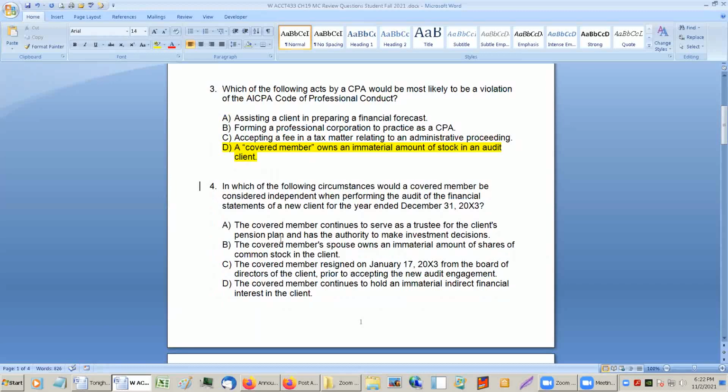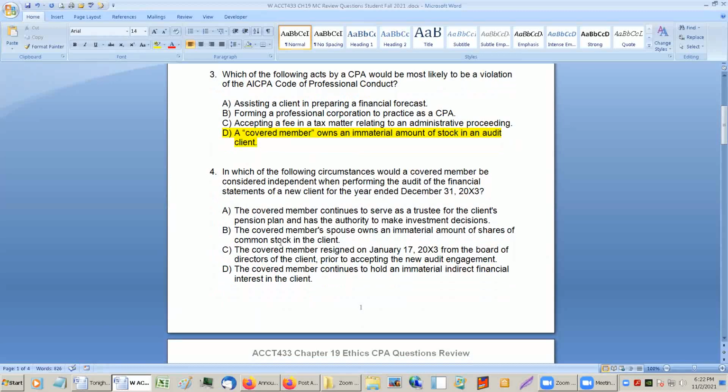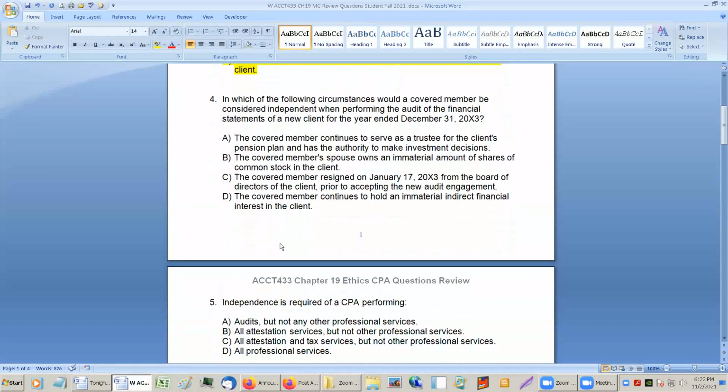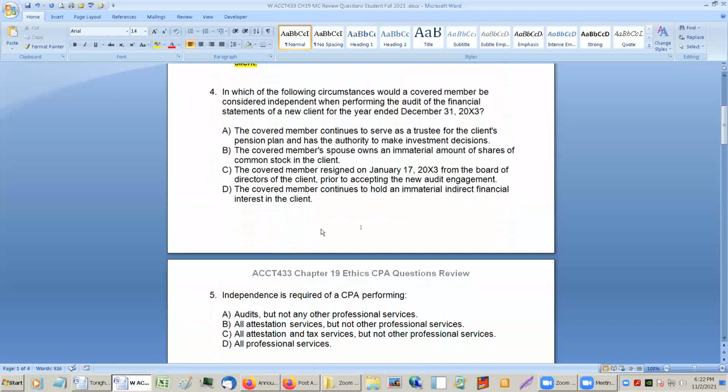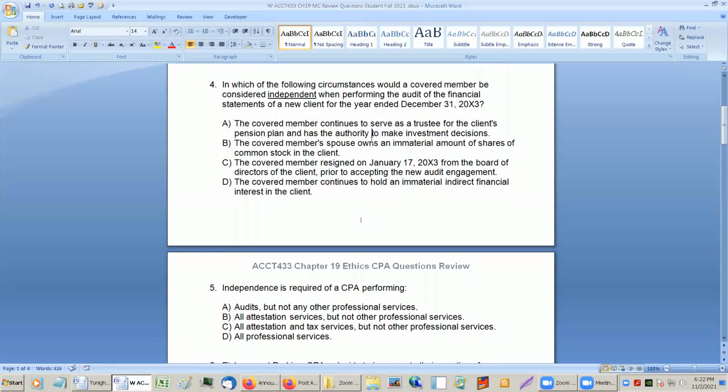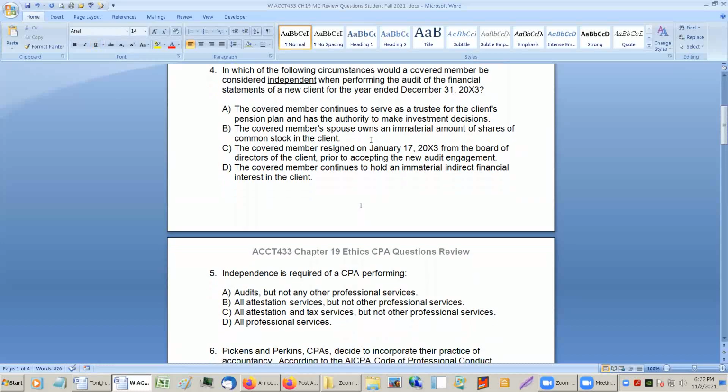All right, number 4. In which of the following circumstances would a covered member be considered independent? Okay, the first one's obviously out.